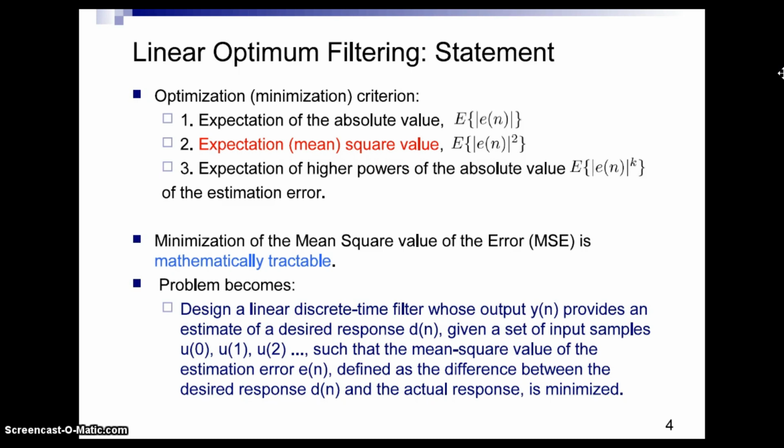Now we can simply summarize the essence of the filtering problem with this statement. Design a linear discrete time filter whose output y of n provides an estimate of the desired response d of n, given a set of input samples u of 0, u of 1, u of 2, and so on, such that the mean square value of the estimation error e of n, defined as the difference between the desired response d of n and the actual response, is minimized.